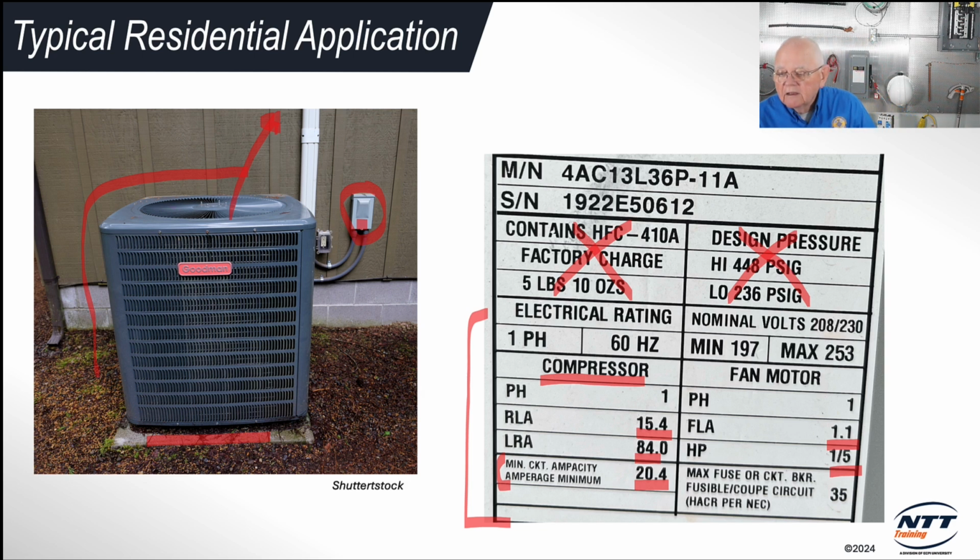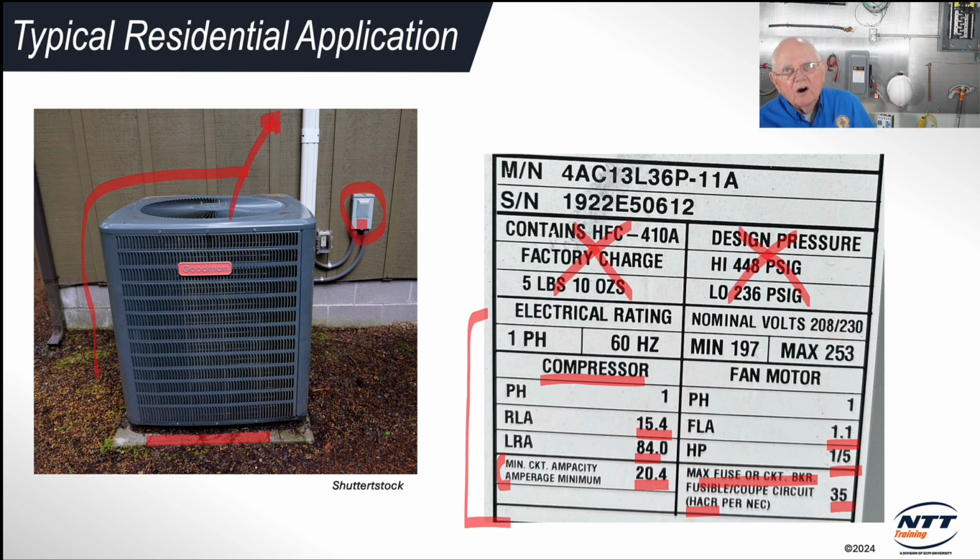And then it says that the max fuse or circuit breaker has to be 35 amps. That's the maximum size. And HACR, heating, air conditioning and refrigeration, per the NEC, type breaker. Breakers meet that requirement now with our modern breakers. Not an issue that I'm aware of.